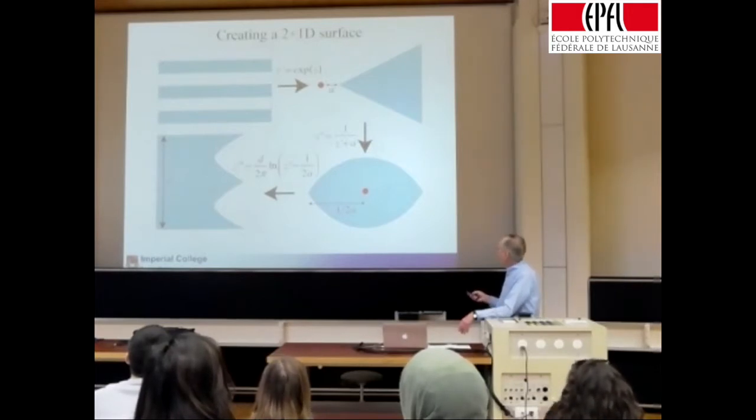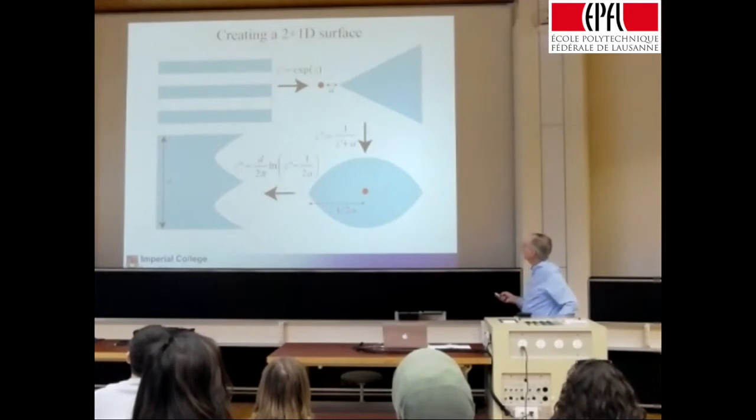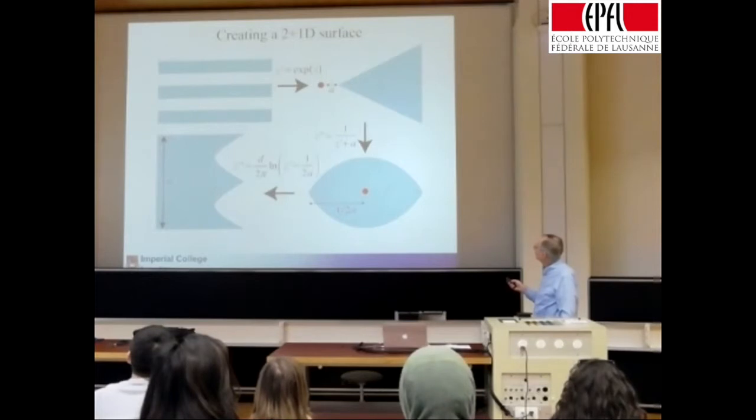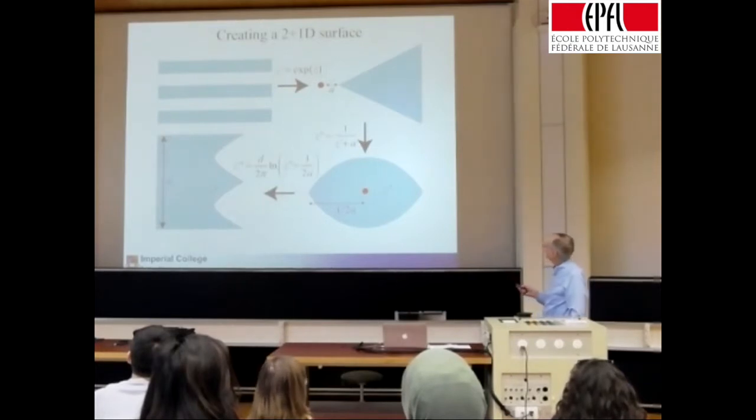So here we have a lot of silver slabs piled up periodically and invariant in this direction here. And I'm going to make this transformation here. What this does is it transforms the x direction into the log of a radius and the y direction into an angle, if this is a complex variable.